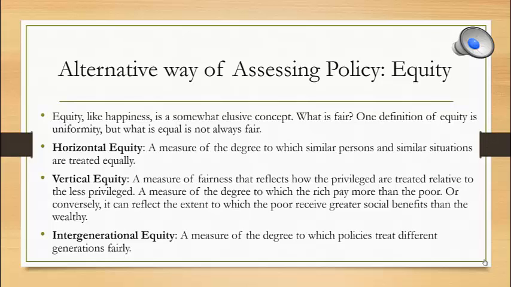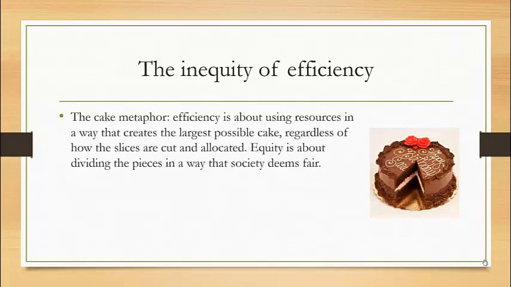Another type of equity would be intergenerational equity, which is the measure of the degree to which policies treat different generations fairly. You could keep going with investigating different types of equity, because in the end, what you're looking at is the extent to which two groups are treated similarly or differently.